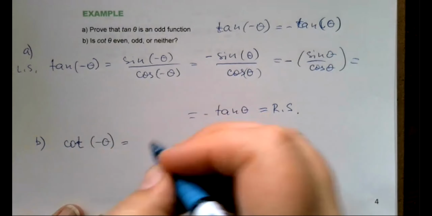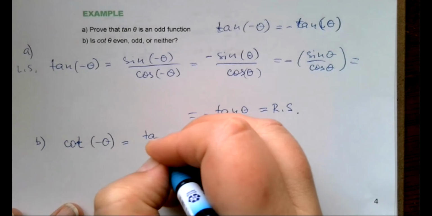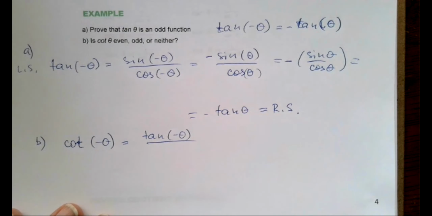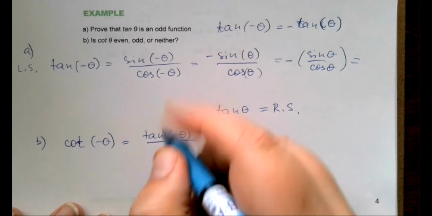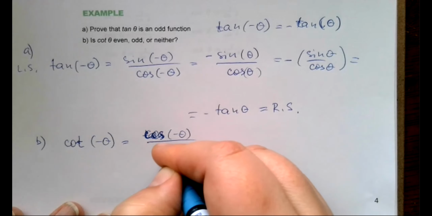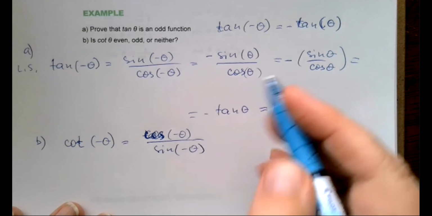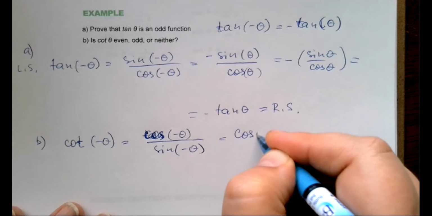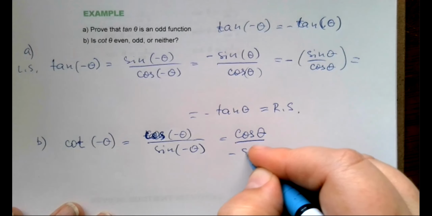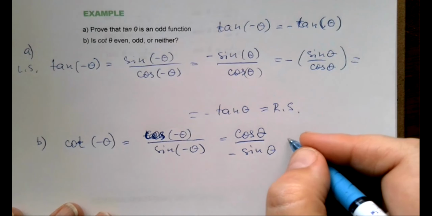Let's take a look. We're going to rewrite cotangent of negative theta as cosine divided by sine. Cosine of negative theta is just cosine theta because cosine is even, and sine of negative theta is negative sine theta because sine is odd.